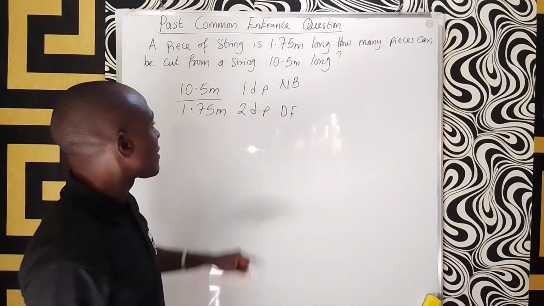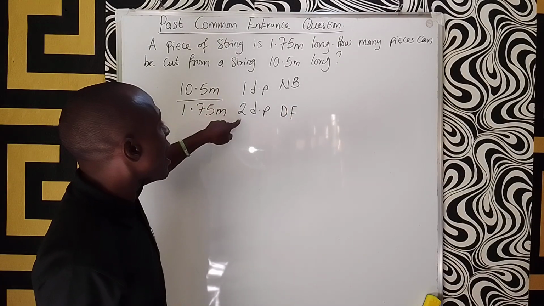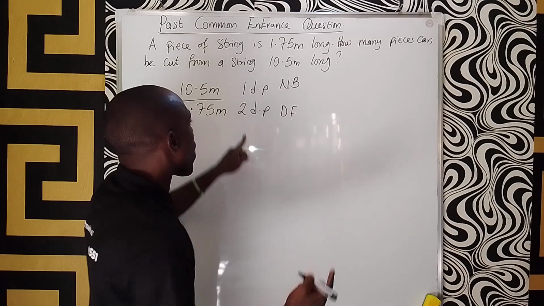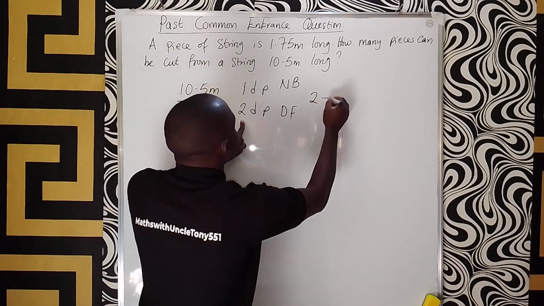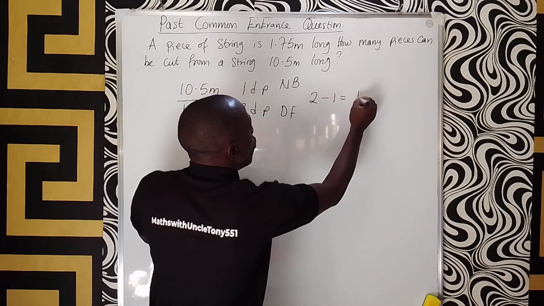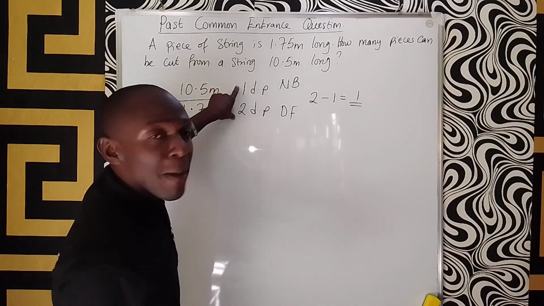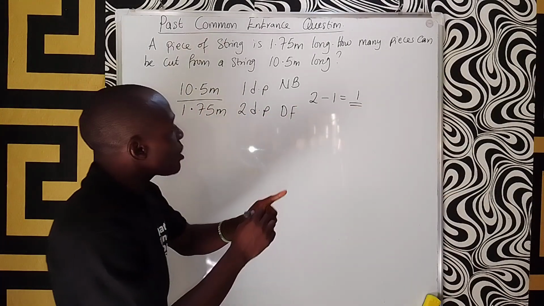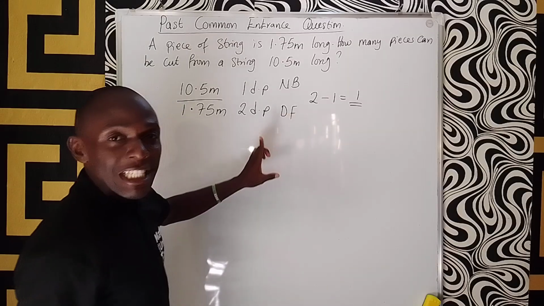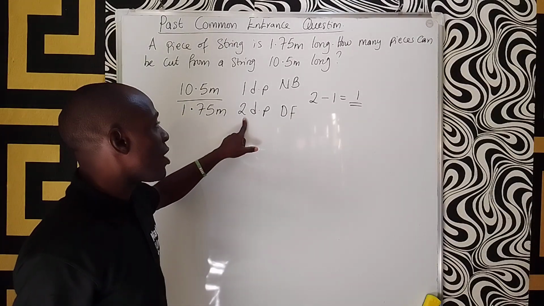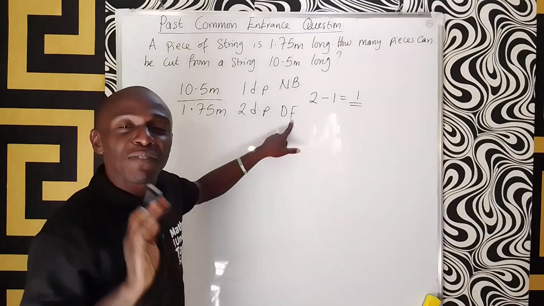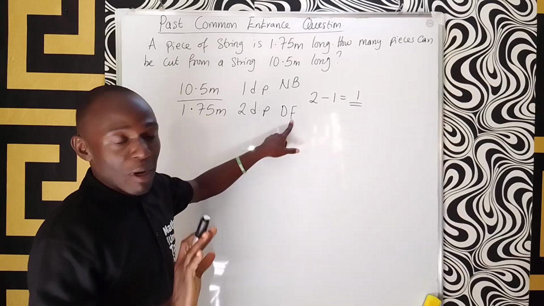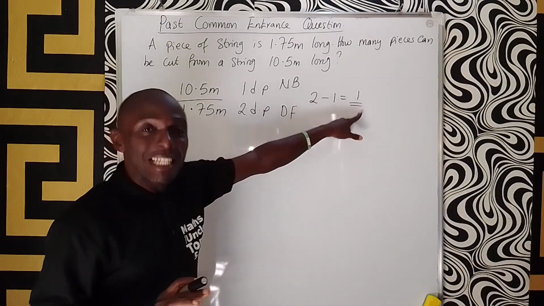What this means is that here it has 1, here it has 2. So which one is the big one? This is 2. Take away 1, it will give us 1. So we subtract the decimal places, and your answer is 1. Now, which one is bigger? Denominator is bigger. So we're going to move forward one decimal place after dividing our number.